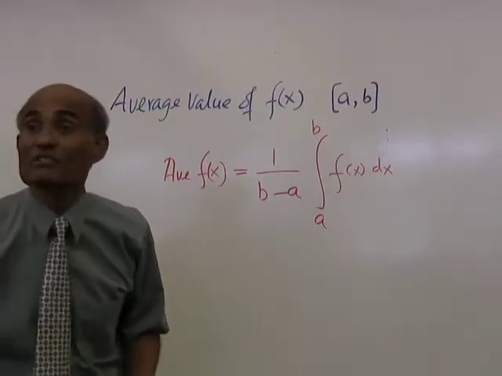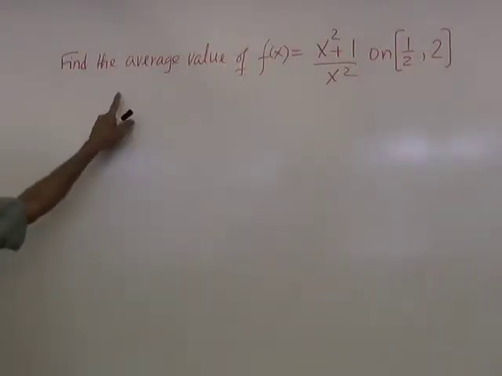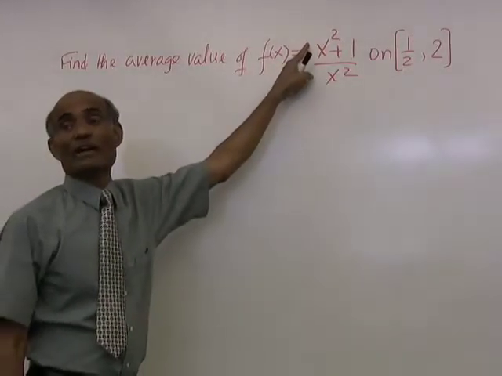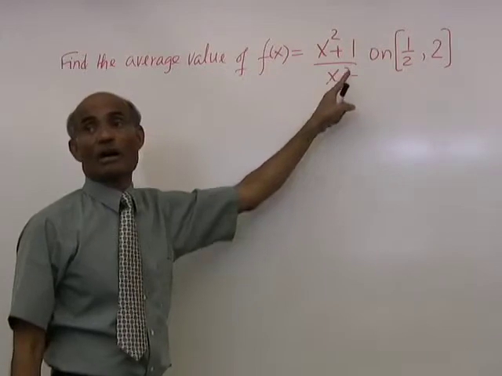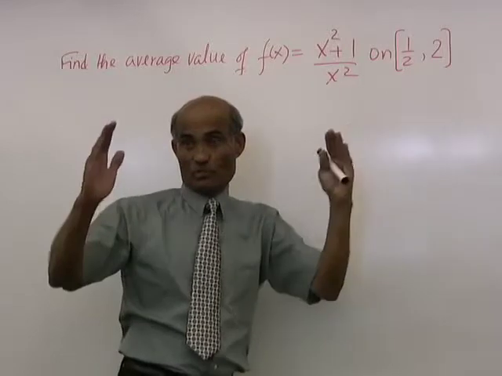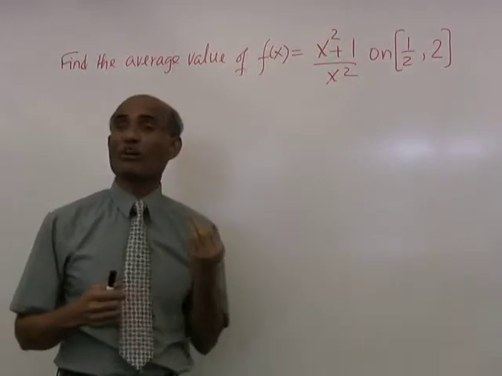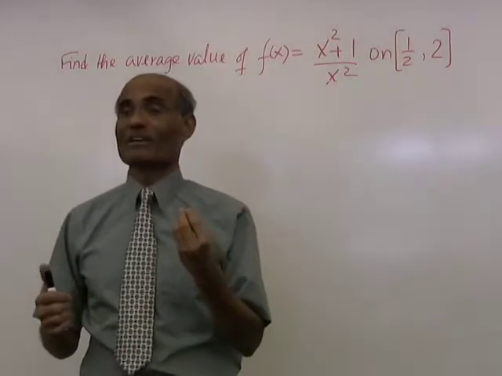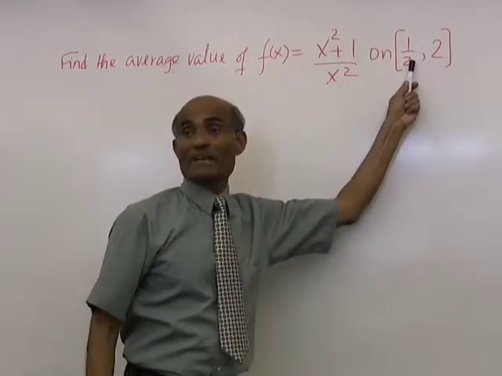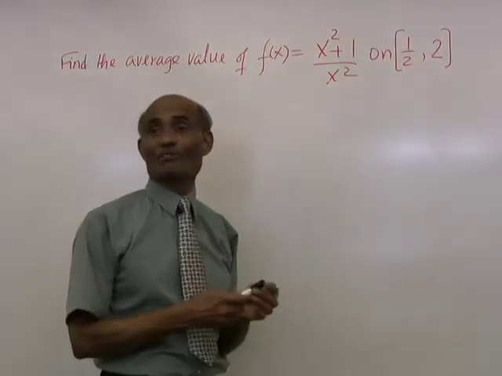We are now going to use this to solve a couple of simple problems. Alright, we need to find the average value of a function f of x equal to x squared plus 1 over x squared on the interval x equal to 1/2 to x equal to 2, both endpoints included. Now, what is the definition of average value of a function? Average value is 1 over b minus a integral a to b of f of x dx.